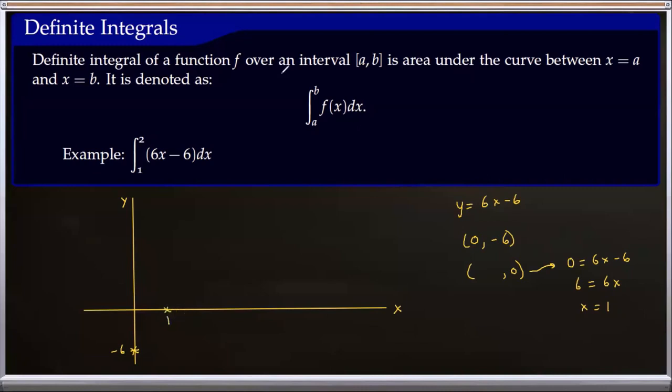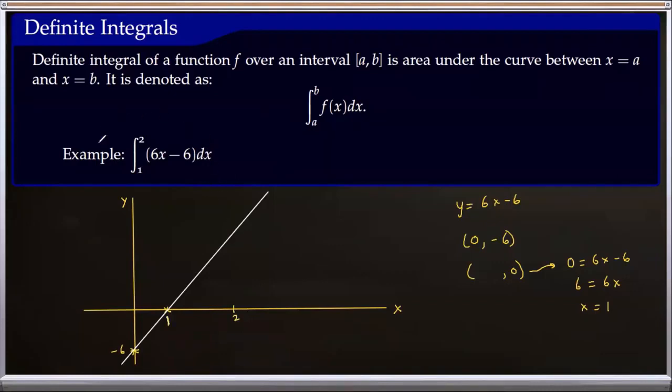The graph goes through those 2 points, so I can draw it. Since it's a linear function, it's going to be a straight line, going like that. So 1 is over here, and 2 is somewhere over here.